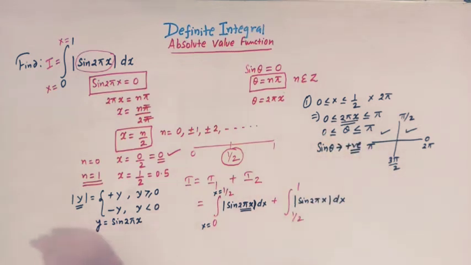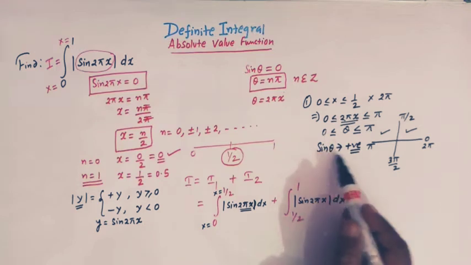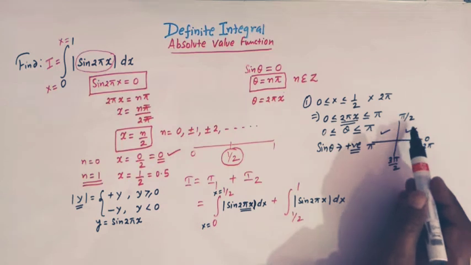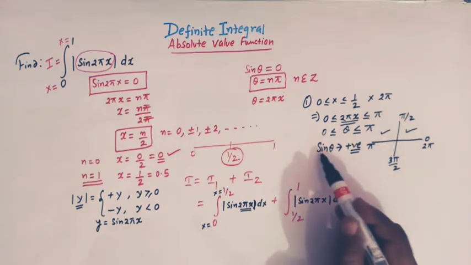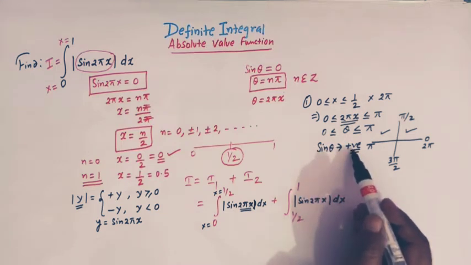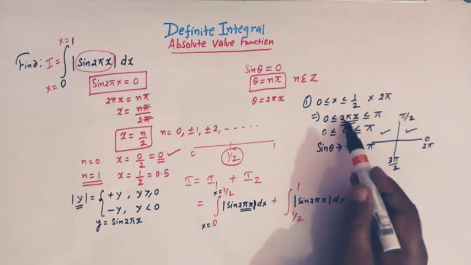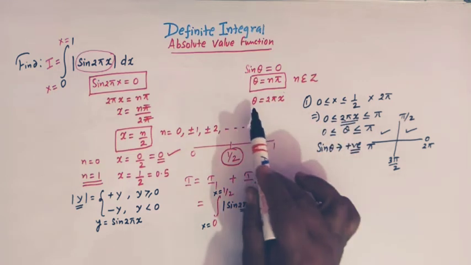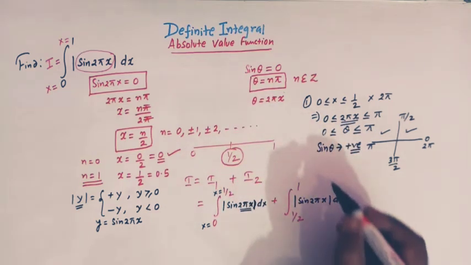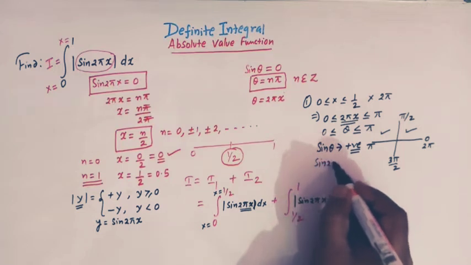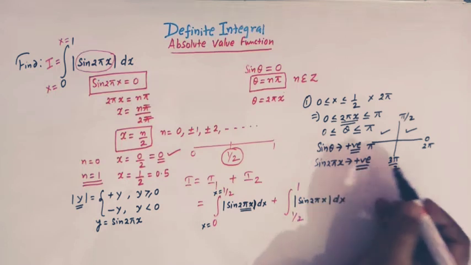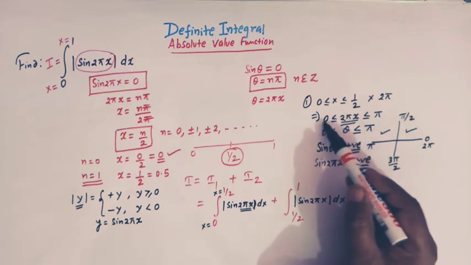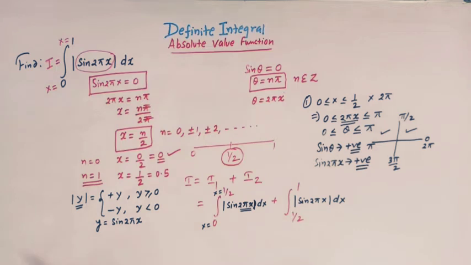This is an important result from trigonometry. And here we have taken theta is equal to 2 pi x. So sine 2 pi x is positive whenever 2 pi x lies between 0 and pi.